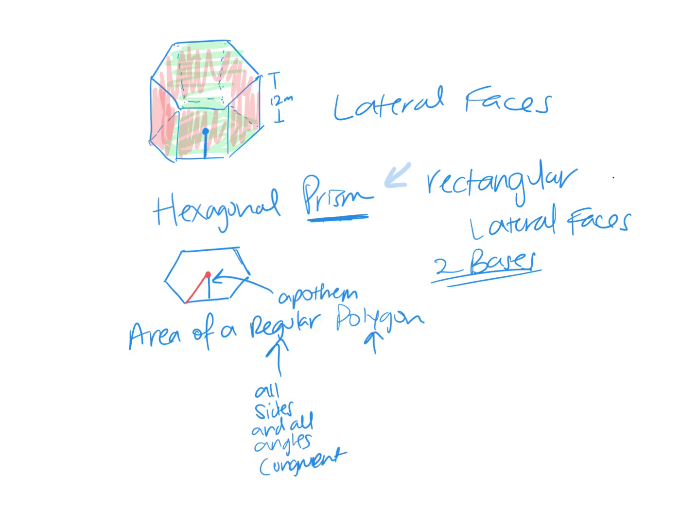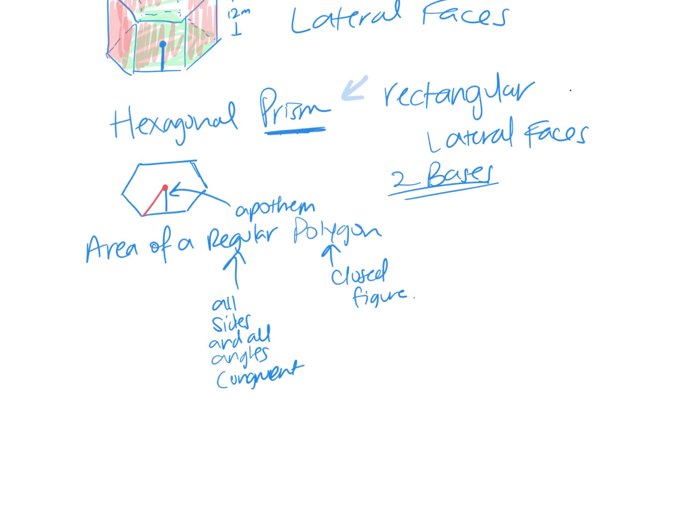And a polygon is a closed figure with three or more sides, what you're used to: triangles, quadrilaterals, pentagons, hexagons, etc. The formula is A equals 1/2 apothem times perimeter. The a is apothem and the P is perimeter.